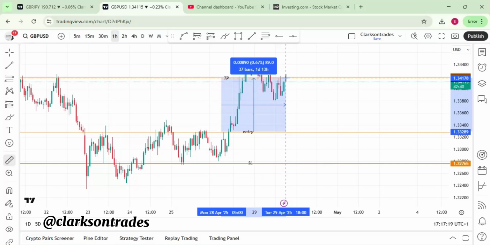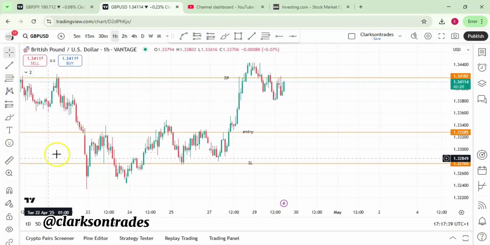So this is the first way you can know the number of pips the market will move to get to your specific take profit price or stop loss price.